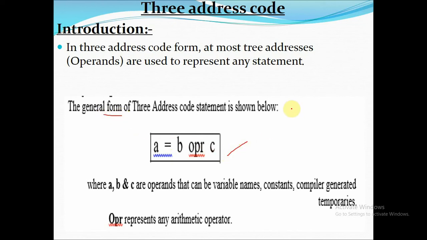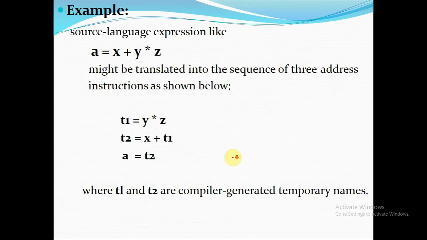In this format, A, B, C are operands or variables, and OPR means operator. It might be some arithmetic operator, or a Boolean operator is also valid. So this is the general format of a 3 address code statement.